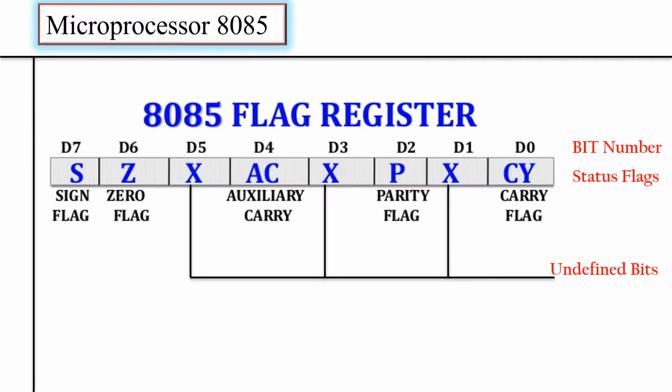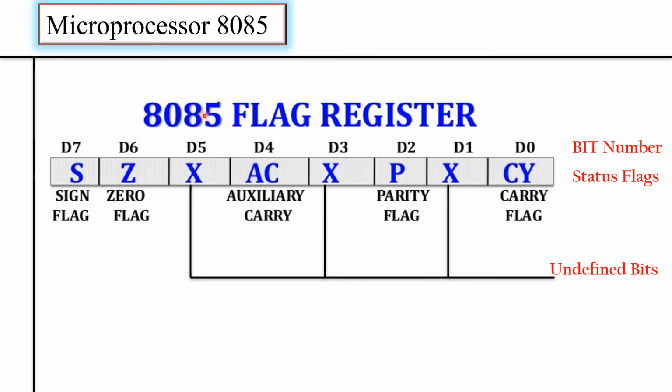So the bit pattern of the 8085 flag register. Here the bit pattern is shown, D0 to D7 bit numbers, and where the flags are placed. The carry flag is positioned at D0. At D2 is the parity flag, the D4 bit represents the auxiliary carry flag, the D6 bit represents the zero flag, and D7 the sign flag.